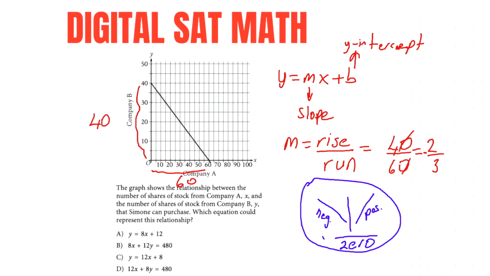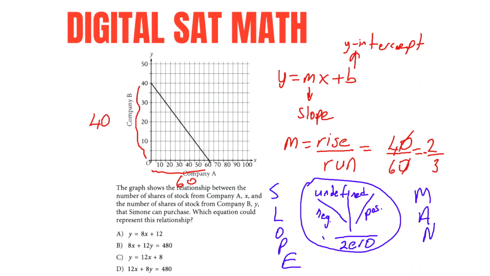And if the line goes vertically, then the slope is undefined. This slope man can help you remember whether the slope is positive or negative.